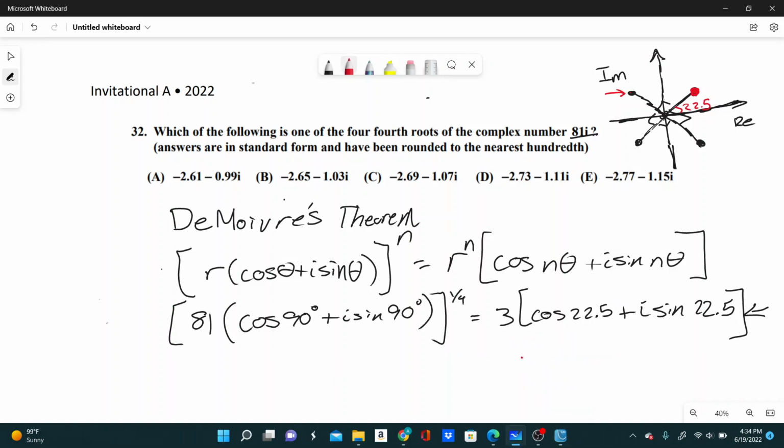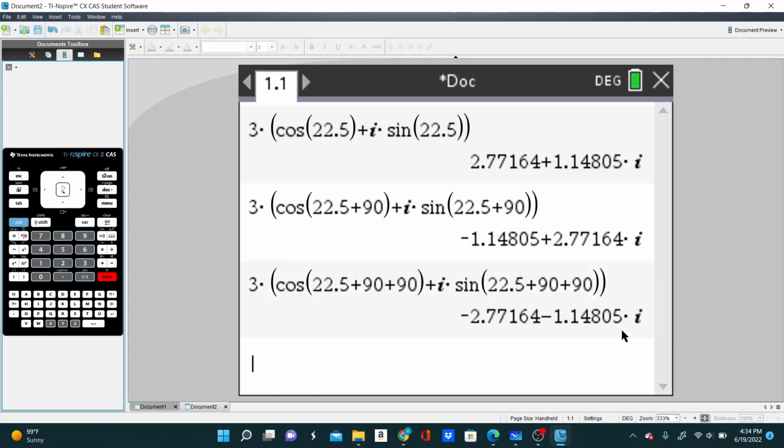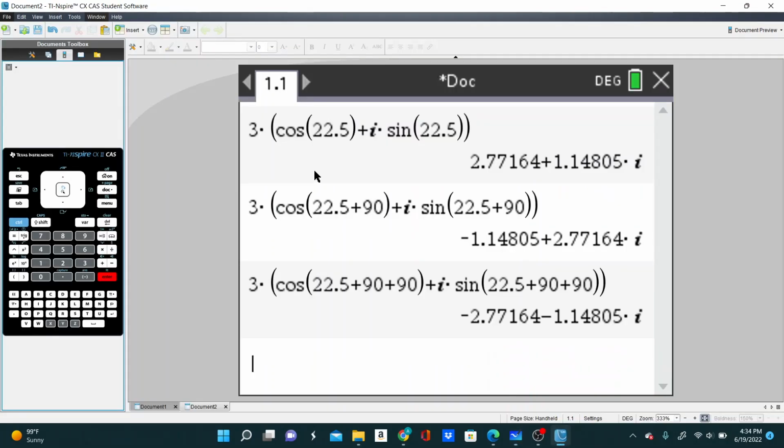To find this root right here, we just add another 90 degrees. So plus 90, plus 90. So negative 2.77 minus 1.15i. I think I remember seeing this one. Negative 2.77 minus 1.15i. Let's just double check that.